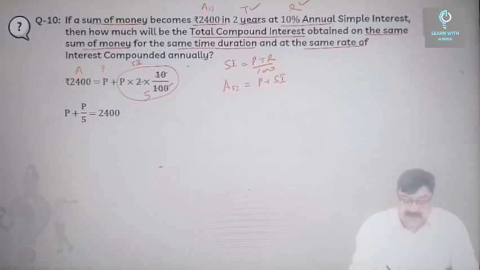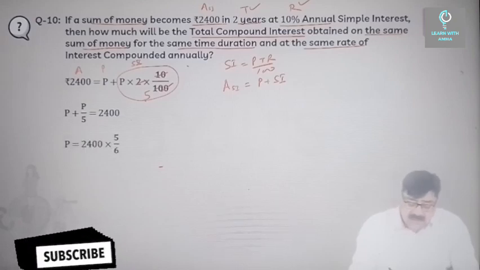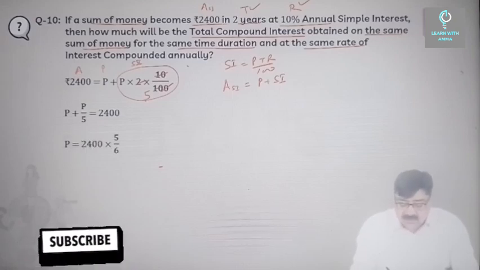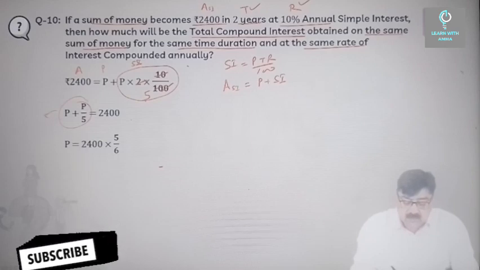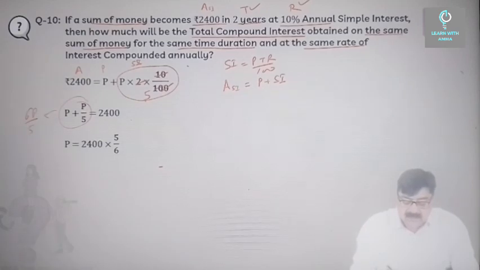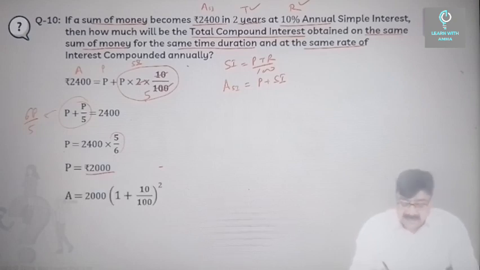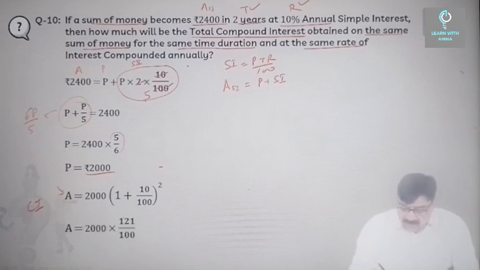So P plus P by 5 is equal to 2,400. Then you take this on the other side because this amounts to 6P by 5. So P remains here, this goes here, 5 by 6. So principal amount you find first and then put it into the formula for amount through compound interest. Now the formula for amount through compound interest is, as you know, P into 1 plus R by 100 raised to 2. Now by doing all this, you arrive at 2,420.